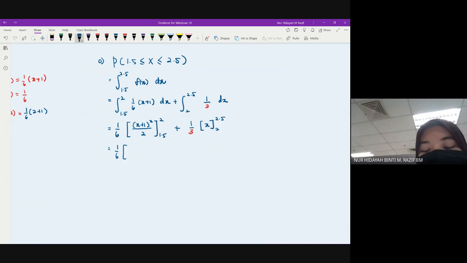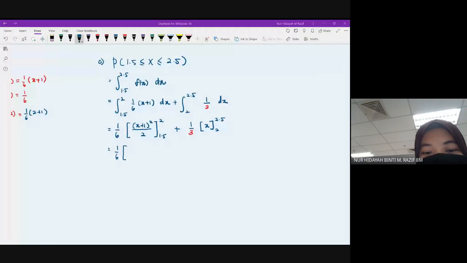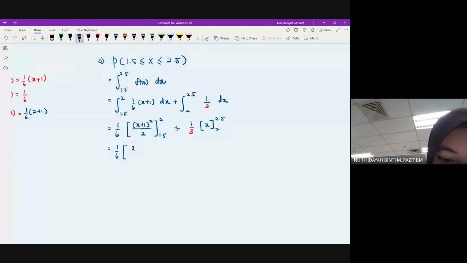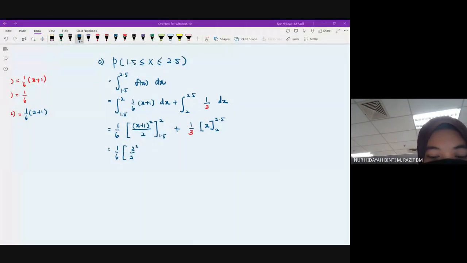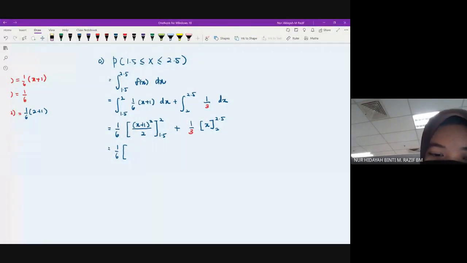Ulang balik yang kita dah buat dalam chapter 1 hari tu. Masukkan 2 dahulu and then baru masuk 1.5. So kita akan dapat kat sini 2 kuasa 2 per 2. Okey, so kita akan dapat 3 kuasa 2 per 2 ditolakkan dengan 1.5 tambah 1, so dapat 2.5 kuasa 2 per 2.